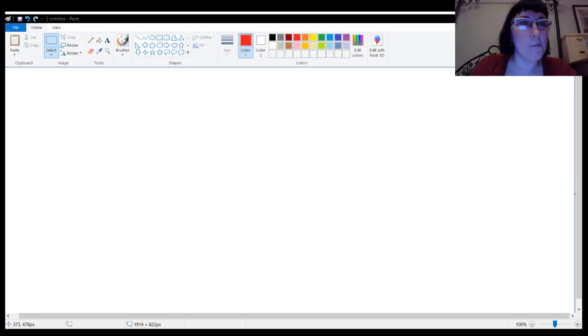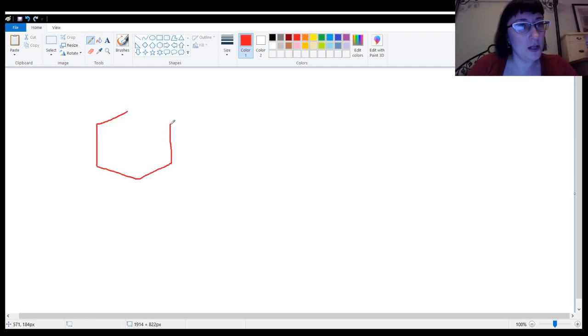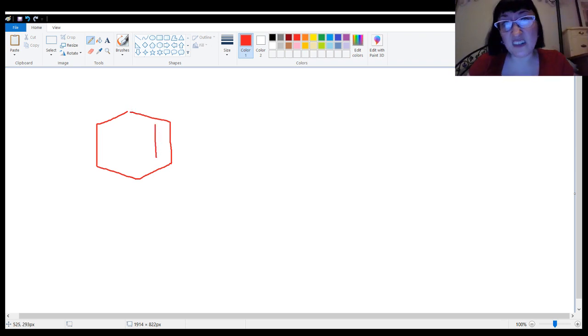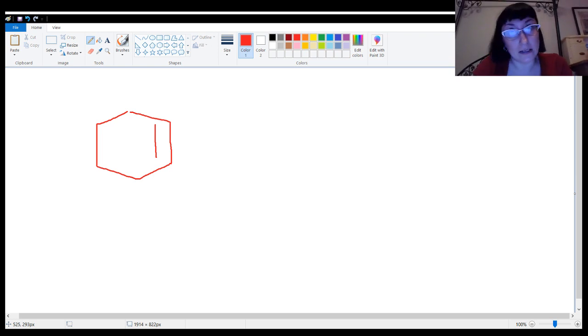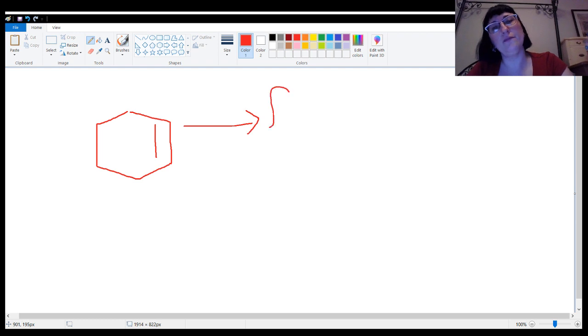Okay, here's one. Let me give you a different sort than the ones I've been giving you. Here's a molecule. It's called cyclohexene. It probably makes a little bit of sense because it's hexane, but with a ring and an alkene. So cyclohexene, they kind of go together. So what is the formula?